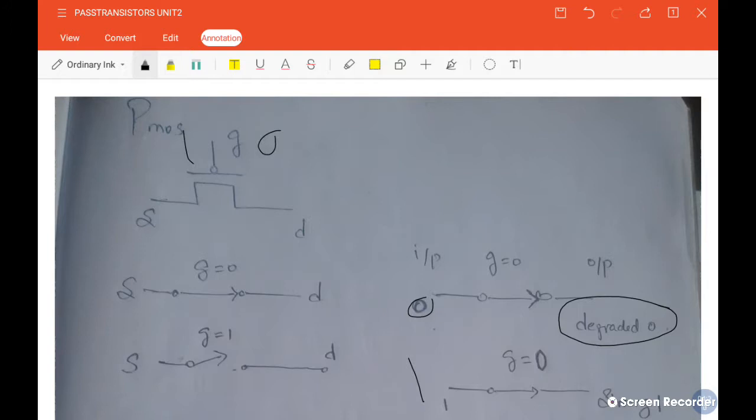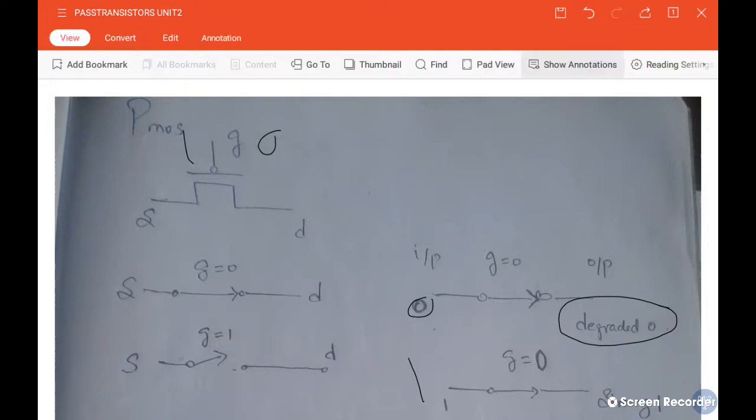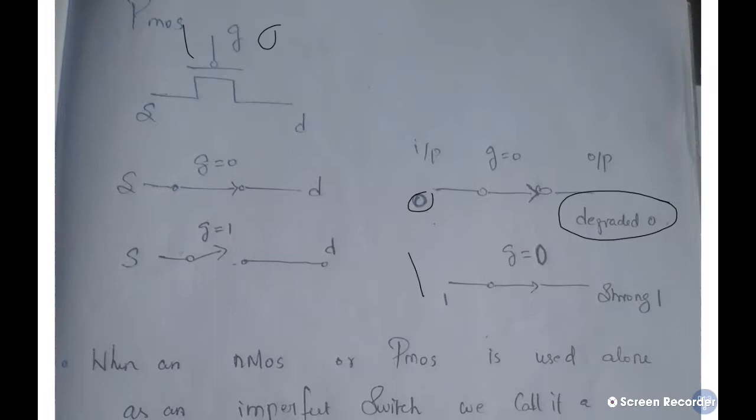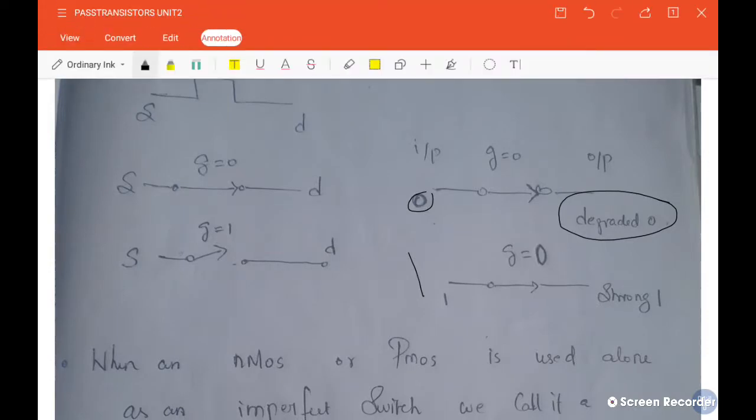It passes a degraded 0. The next condition is when the input is high. When the input is 1 and your gate is 0, this input is passed on to the output in a strong way. That means your PMOS will pass a 1 strongly, since it is connected to VDD.